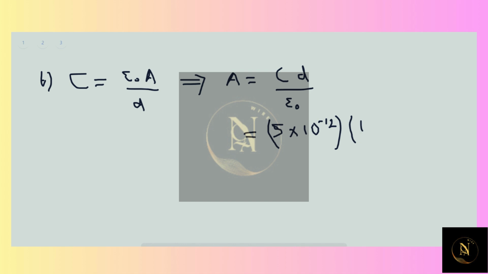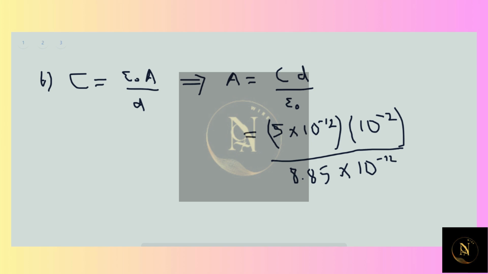The distance was 1 centimeter, or 10 raised to negative 2 meters, divided by epsilon naught, the standard value of the electric permittivity, which is 8.85 times 10 raised to negative 12.